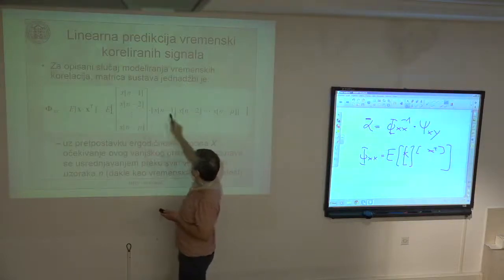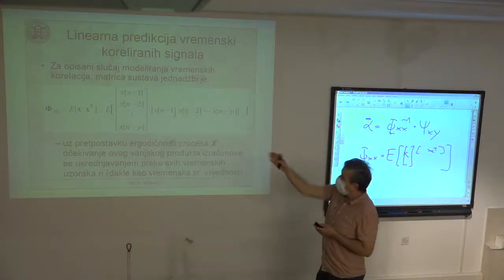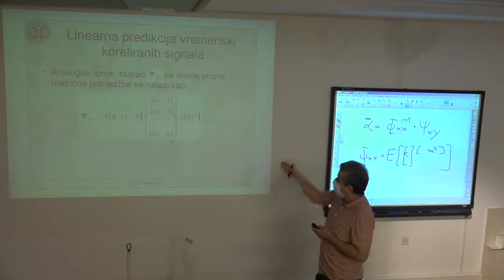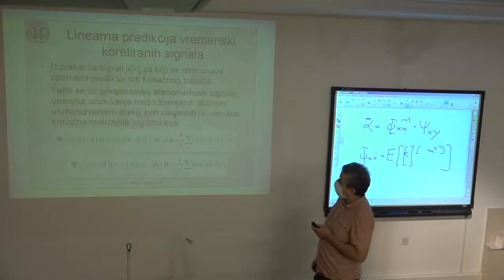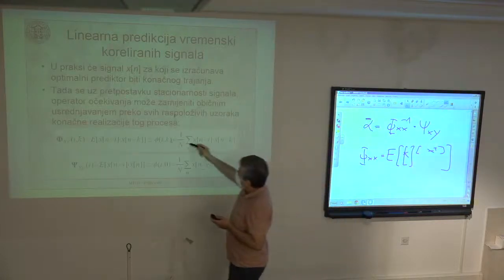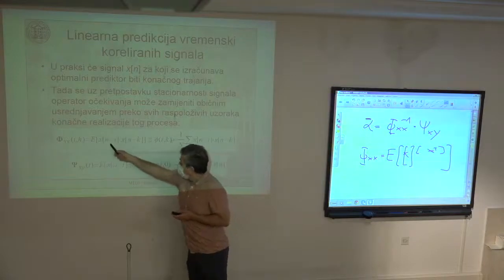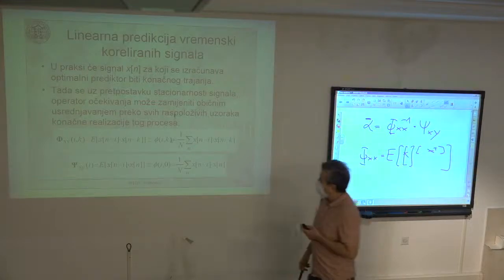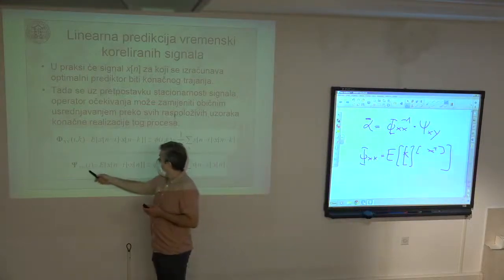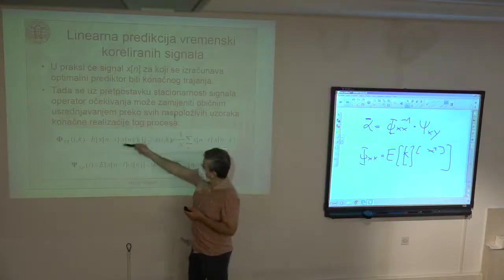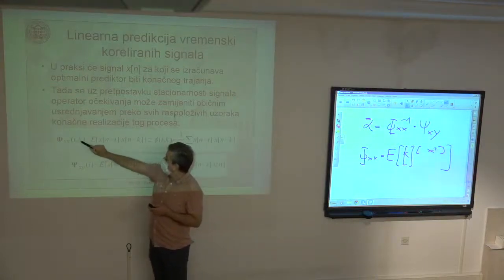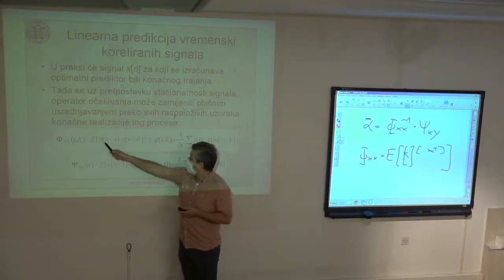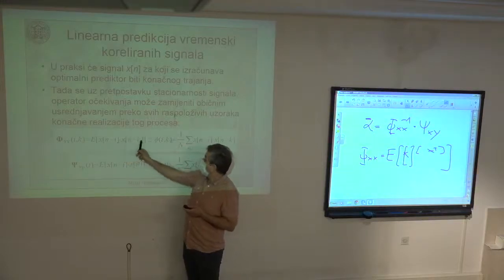In the other case, it was a p by p matrix. So phi xx is the covariance matrix, and psi xy is the correlation column between the source and the target. Rewriting the individual elements of phi xx and psi xy, the element in the ith row and kth column is the expected value of the product x of n minus i times x of n minus k.